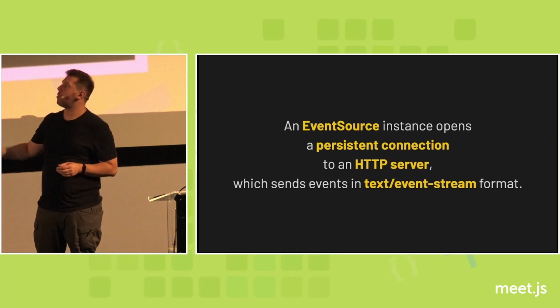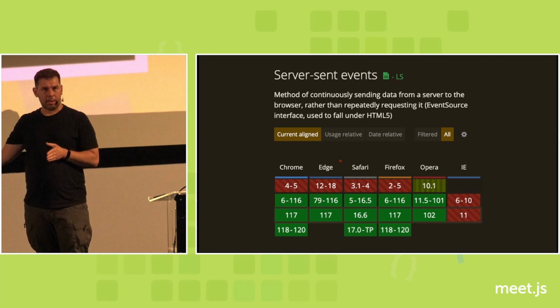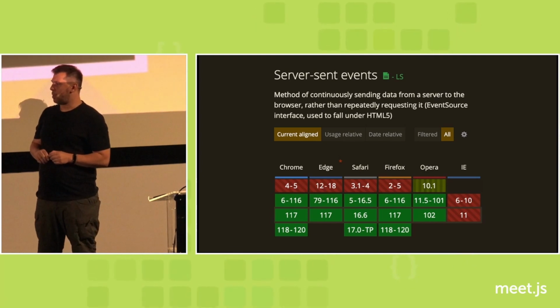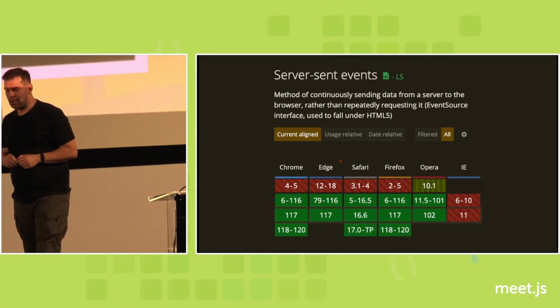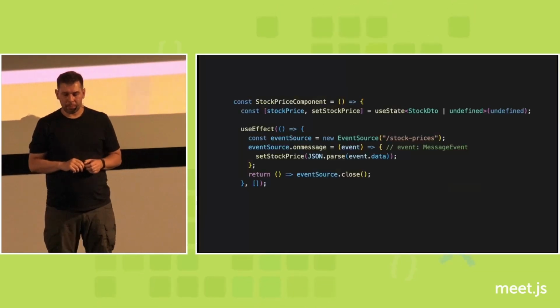It's crucial that we have an HTTP server. Server-sent events, and EventSource is accessible in most major browsers, so it's easy to use. We don't need to install any additional dependencies.